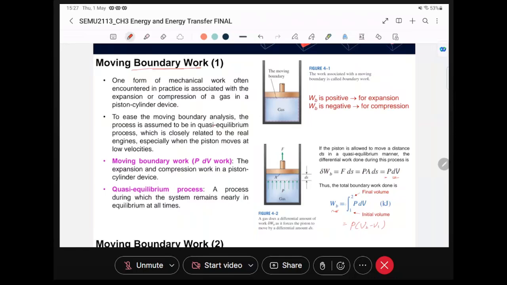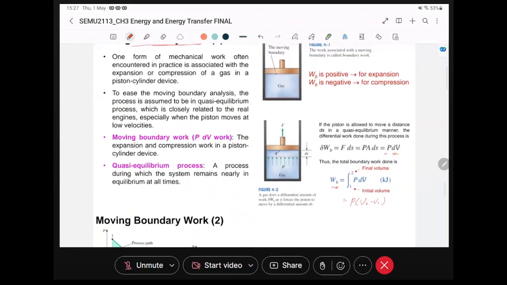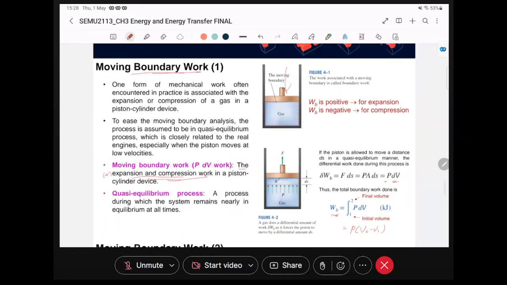We write it as WB, and it's associated with expansion and compression. Obviously, expansion is positive work, the system is doing work. And compression is the other way around. Work is being applied to the system.